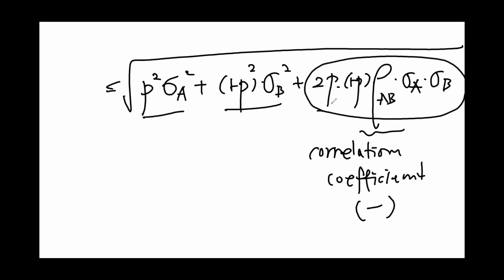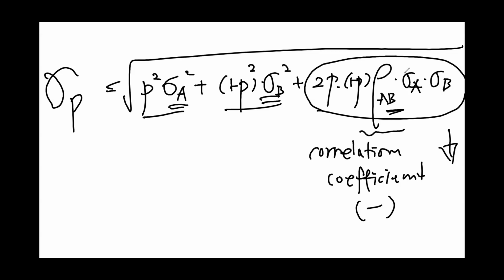So what it means is that when you invest in two assets that are inversely correlated, then the risk of your portfolio will actually go down given the risk of each asset. Okay, so risk of your portfolio depends not only on the risk of each asset, but also on how two assets are correlated.